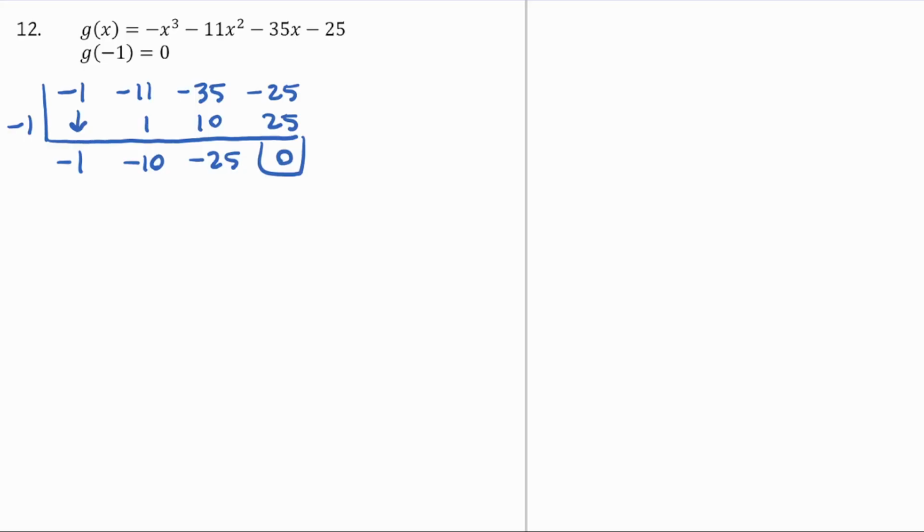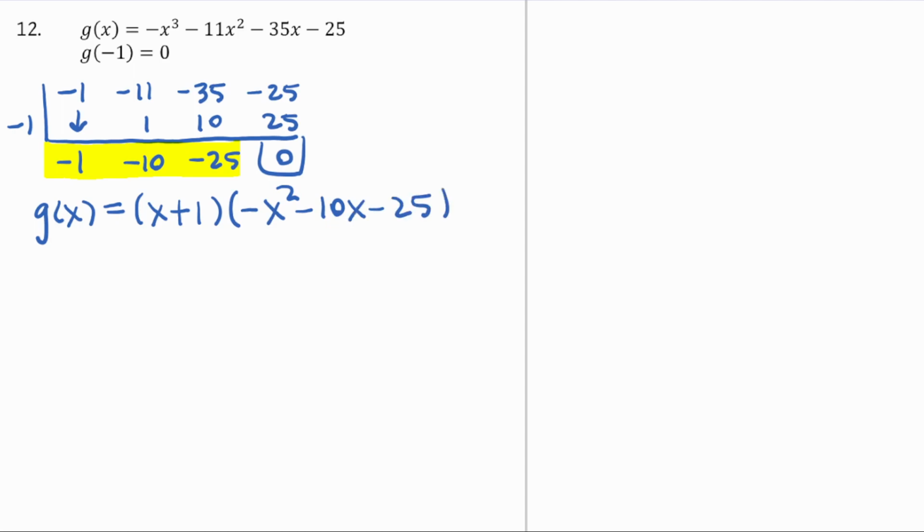Oh, no, not again. Where I'm saying g of x is equal to x minus negative 1. Lost my place. So I'm looking at this for my other factor, that's negative x squared minus 10x minus 25. And I'm going to want to factor a negative out of that.